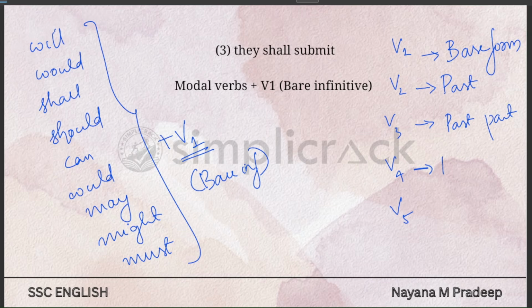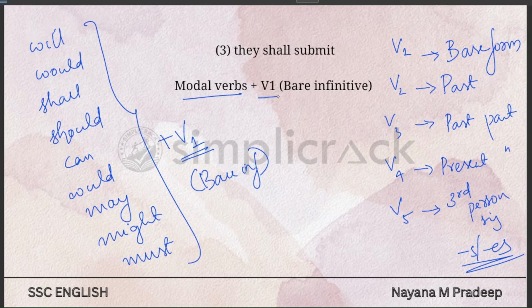Then V4, which is the present participle form, V1 plus ing. And then you have V5, which is the third person singular form, where you have the S or ES addition to the base form of the verbs. So we have already studied that along with modal verbs, we only use the V1 form or the bare infinitive form. Okay. See, now there is another trap that lies in this particular question.